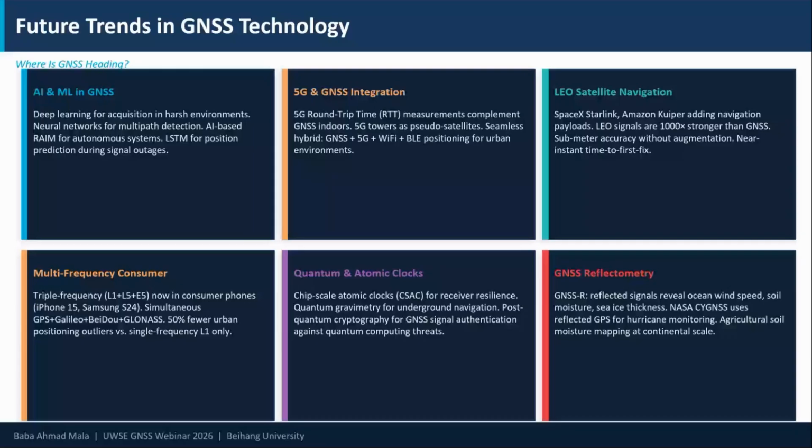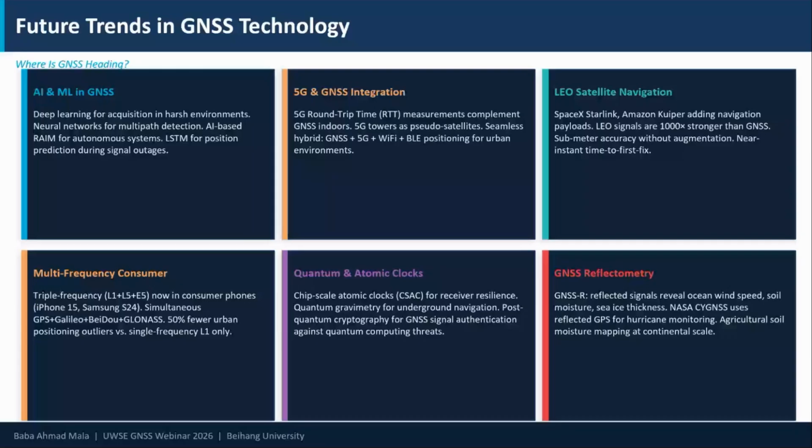GNSS reflectometry is an entirely new sector which is booming within Japan, China, and many developed countries, where they use the reflected GNSS signals to measure ocean wind speeds, soil moisture, and ice thickness, turning a communication system into a global remote sensing tool. The future of GNSS is not just about better positioning, it's about more resilient, intelligent, and multi-phase technology.